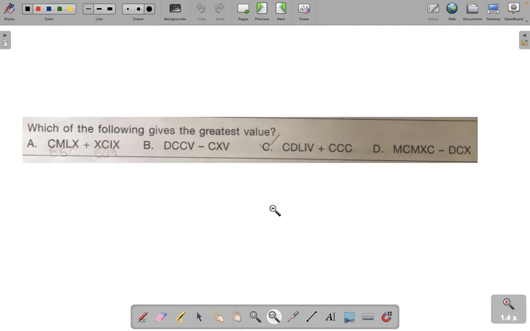Which of the following gives the greatest value? So you can ignore this. This may be correct as well as incorrect.